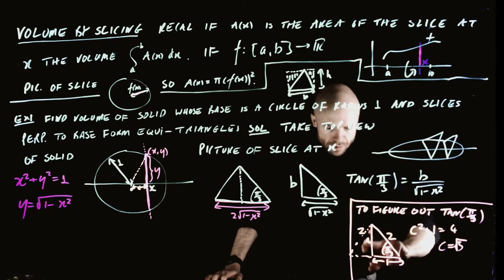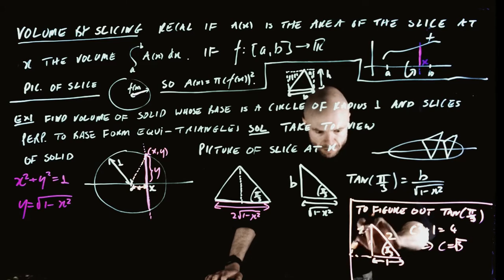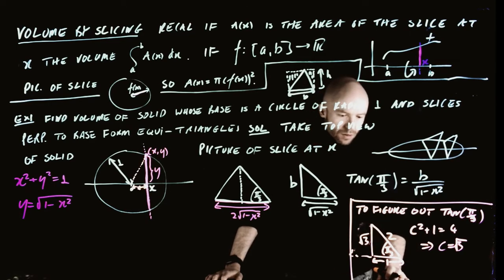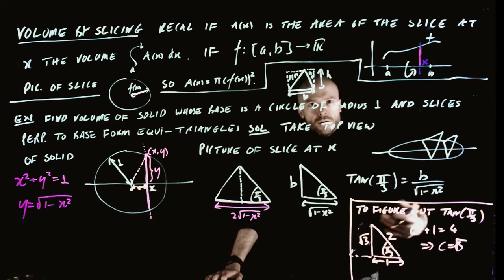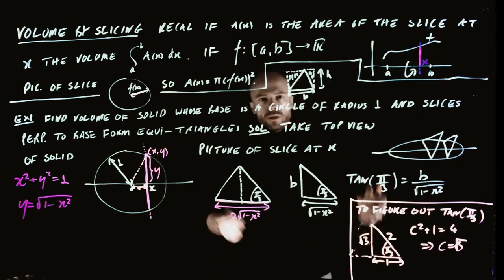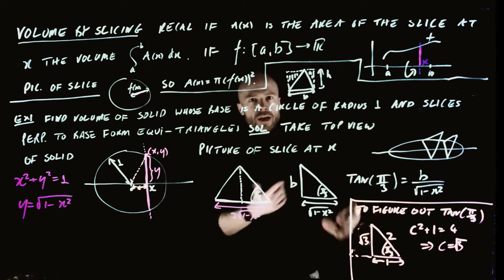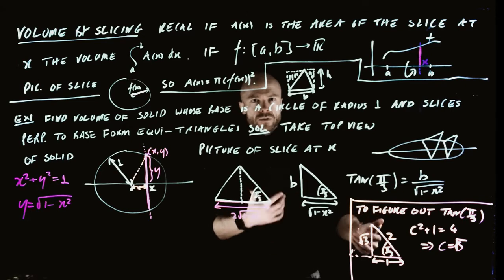Yeah? So then this thing, let's get rid of this, is the square root of 3. Cool. And then we can read off what sine, cosine, tan of pi over 3 is from this, because we have all the sides.